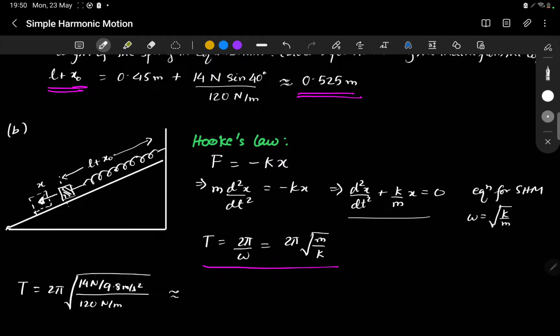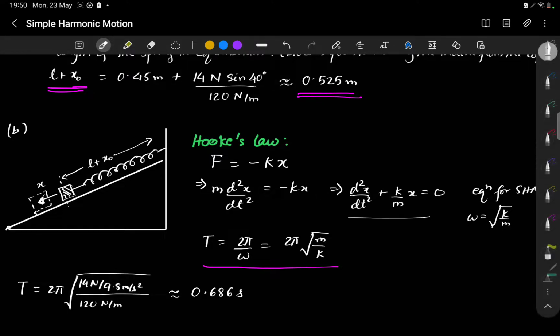So putting it in a calculator gives us 0.686 seconds. So this is the time period.